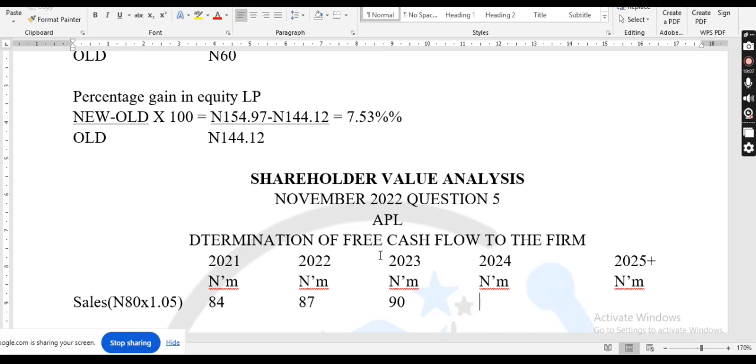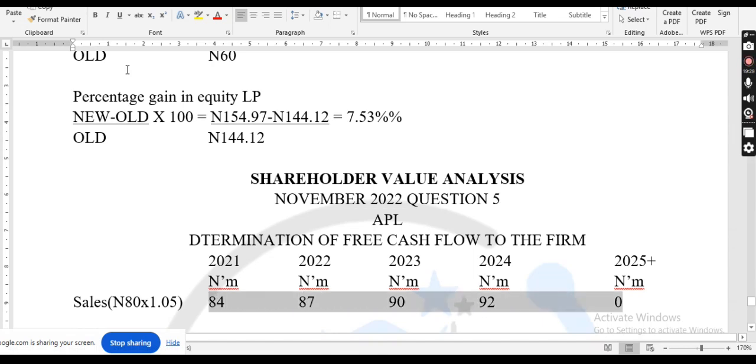92. So 2025 beyond, you increase it, what do you have? 0%. Okay, it's 0%. That is zero now.